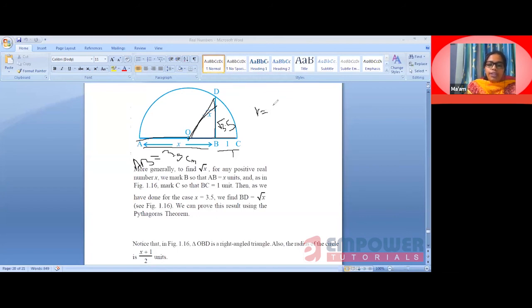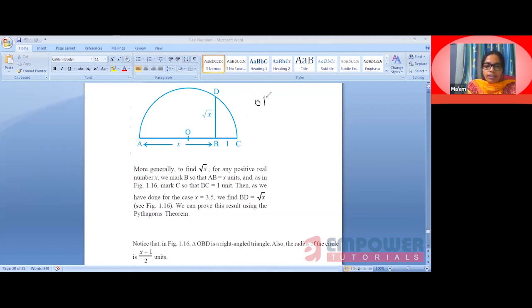We know that the radius of the circle is equal throughout the circle. If I say the radius of this circle is 5 centimeter, it will be 5 centimeter throughout the circle and the diameter of the circle will be 10, right?